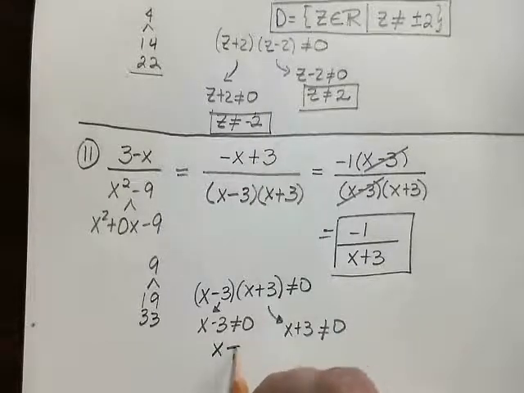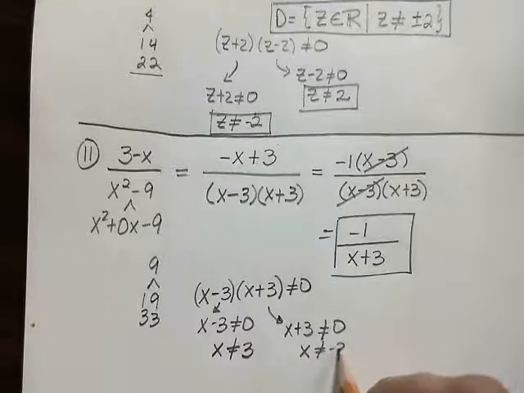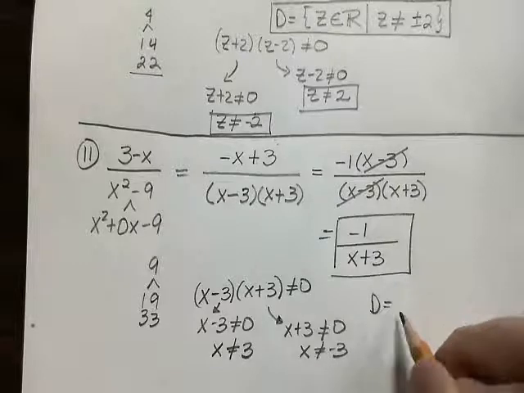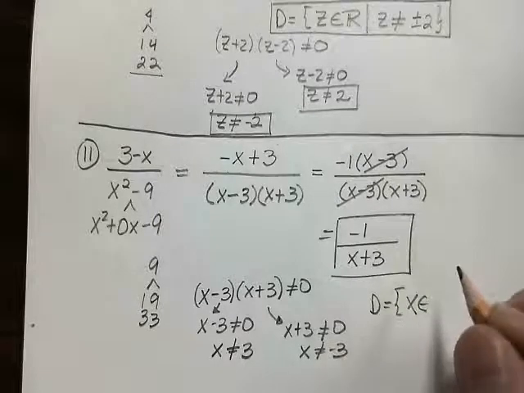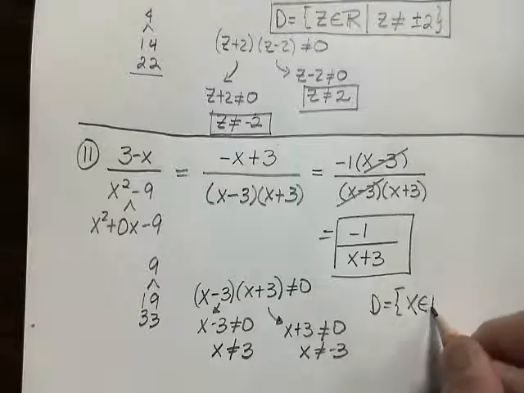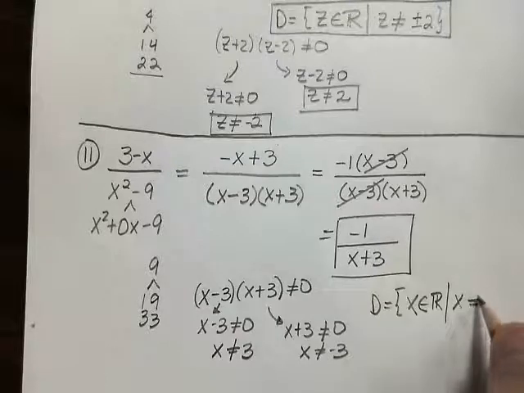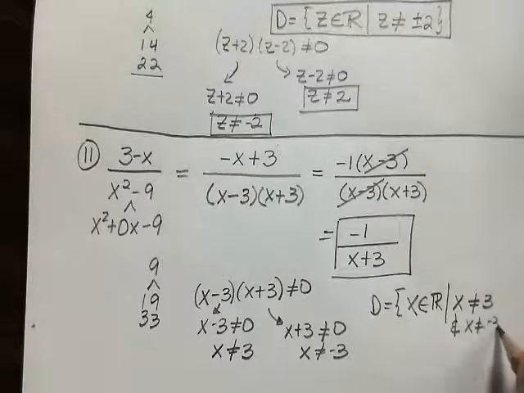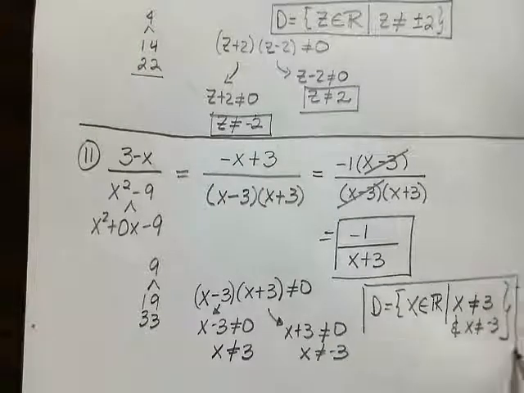So this will be x different than 3, and here will be x different than negative 3. So my domain is x belongs to all real numbers such that x is different than 3 and x different than negative 3. Okay, so that's my domain.